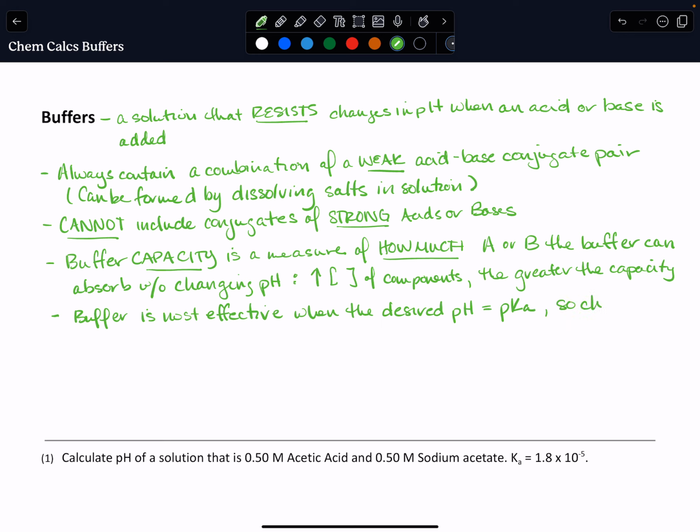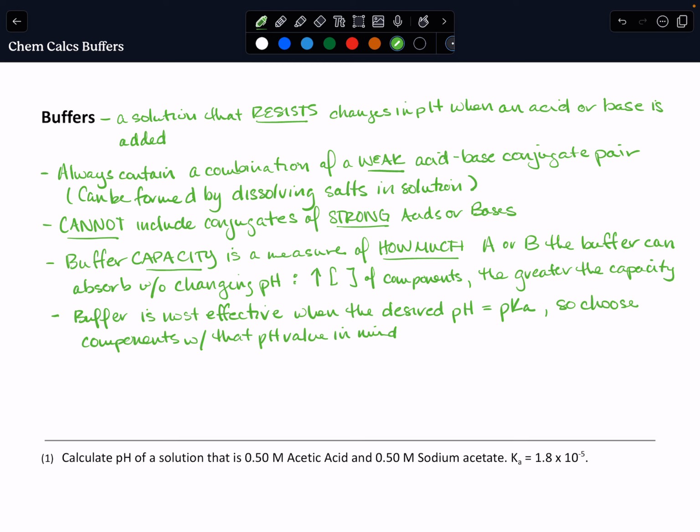All right, so choose components with that pH value in mind. If you need a buffering system to hold the pH value around 7, which is what we need in our bodies, then we're going to choose a buffering system that has a pKa value of around 7. That's going to be the most stable for us.